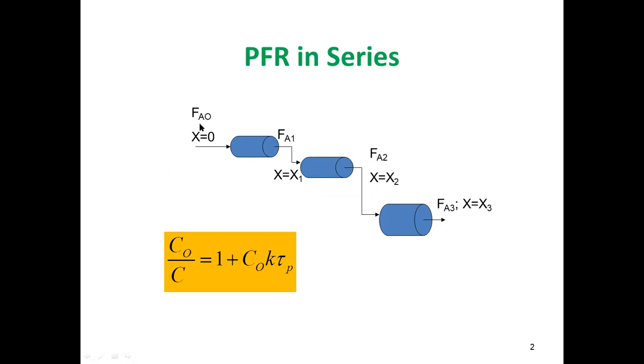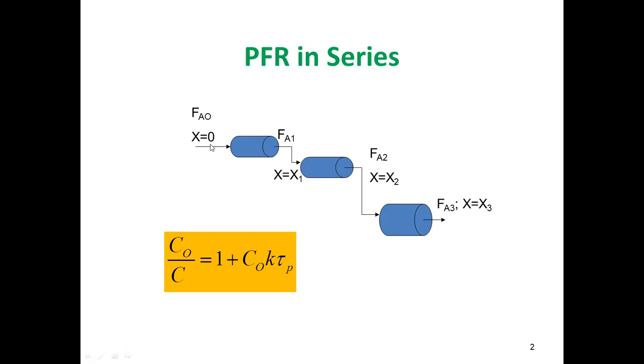So we have the molar feed rate here entering the first PFR in the series, FA1 for the molar feed rate for the second PFR in the series, and FA2 for the molar feed rate for the third PFR in series. So the molar feed rate that is entering a succeeding PFR, of course, came from the previous PFR.